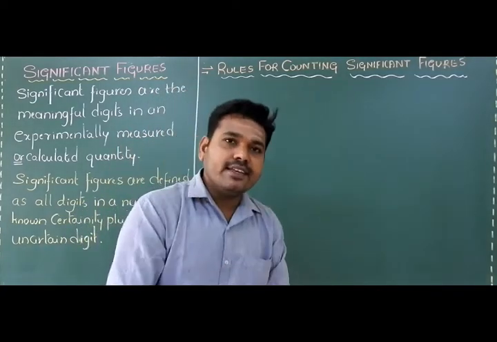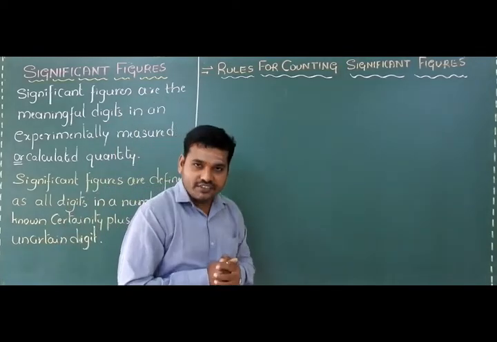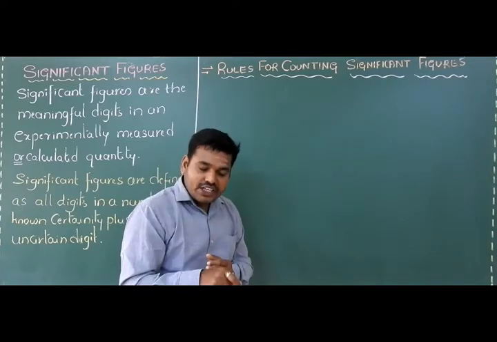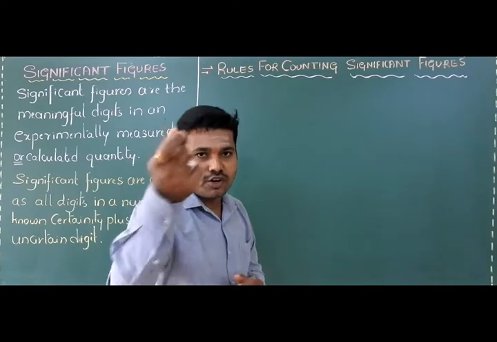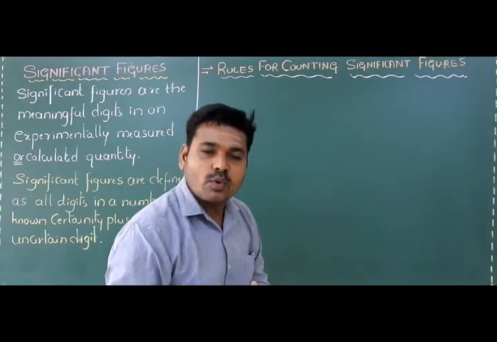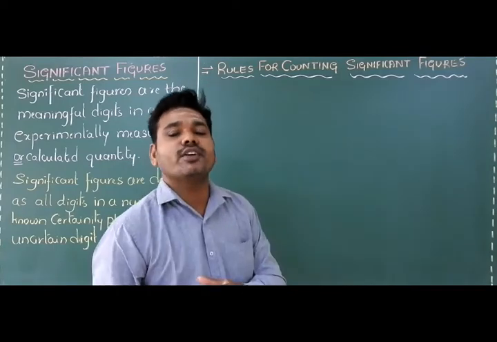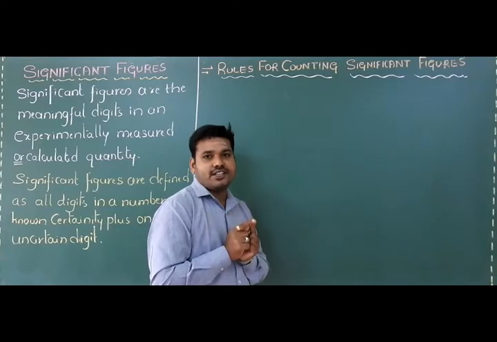Before starting significant figures and the rules for counting them, let us recall the scientific notation, or exponential notation, concept. Tell me students, what is meant by scientific notation or exponential notation?